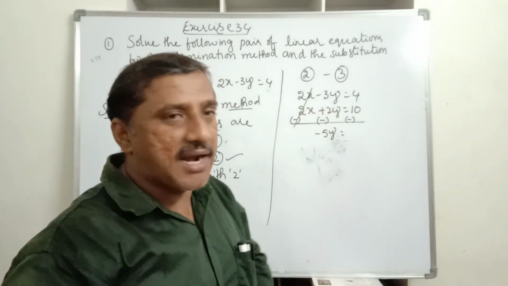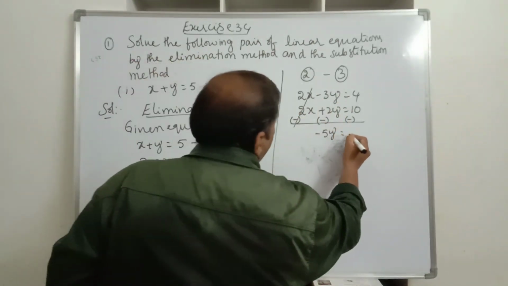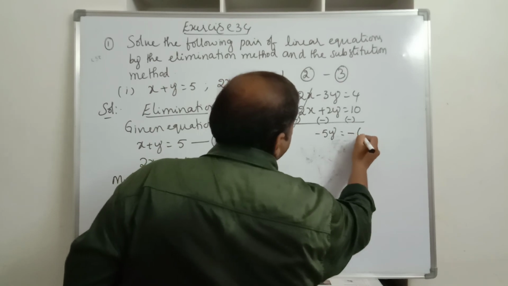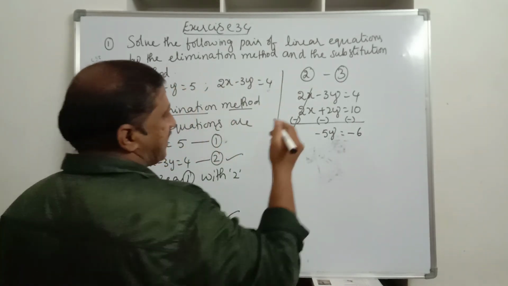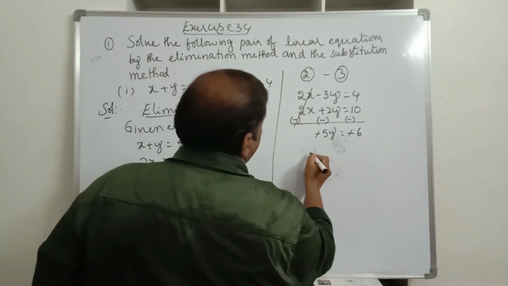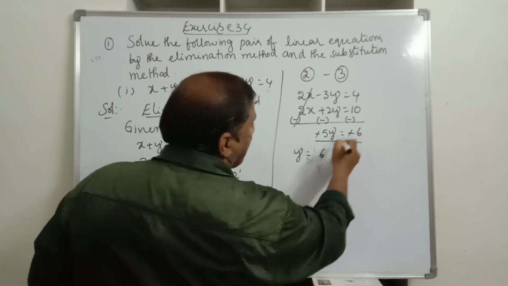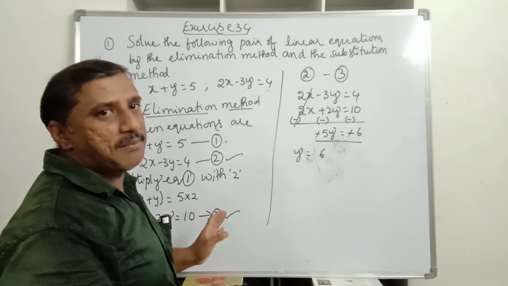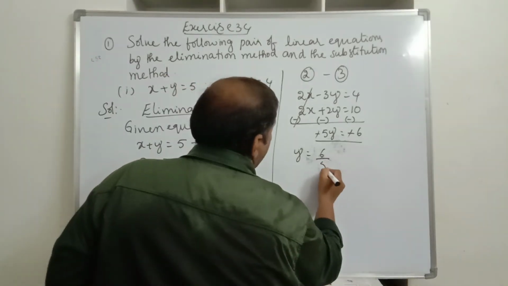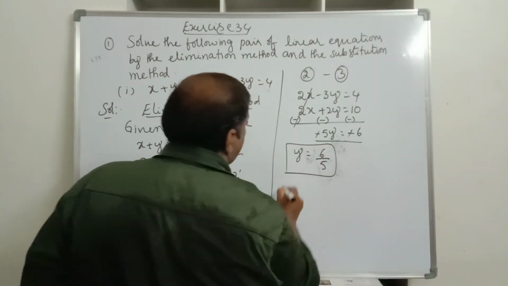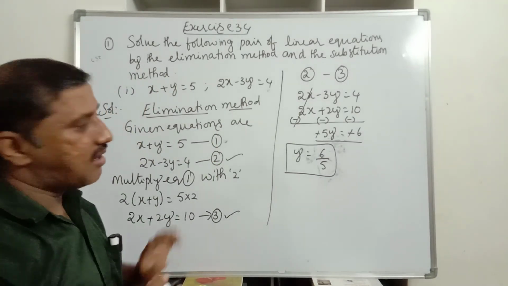Different signs are there, subtract the numbers and take the larger number's sign, that is 10 minus 4 is 6, which is equal to minus 6. Now minus and minus are cancelled, y is equal to 6 by 5, transposing 5 to the RHS, as it is multiplied, therefore it divides 6. Now y is equal to 6 by 5. Find x.